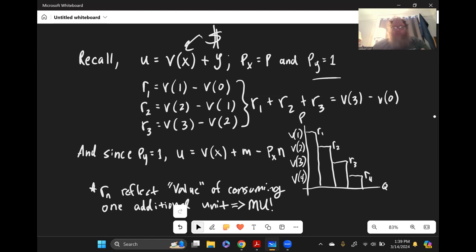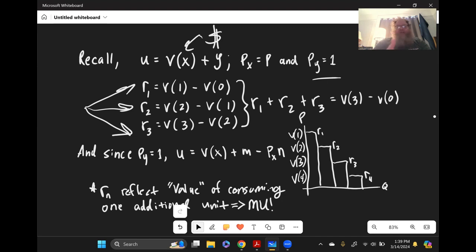So to that particular point, what we did in last class is I introduced you to the concept of a reservation price, and that's what these are. These are three different reservation prices for the good. The basic idea behind a reservation price is that your reservation price for a particular amount of a good is going to be based upon your change in value for that good.